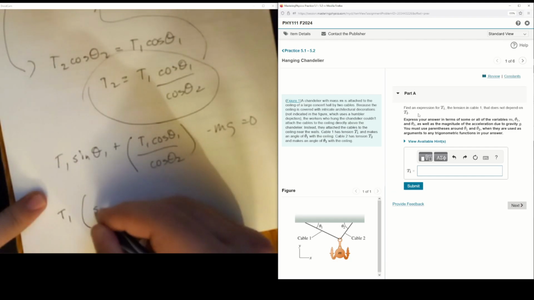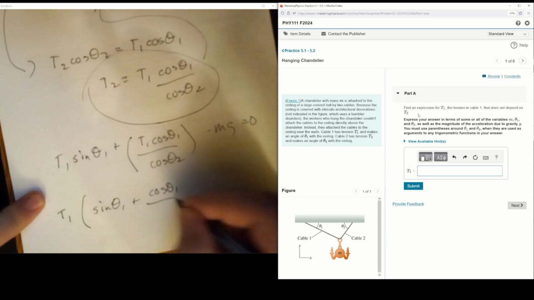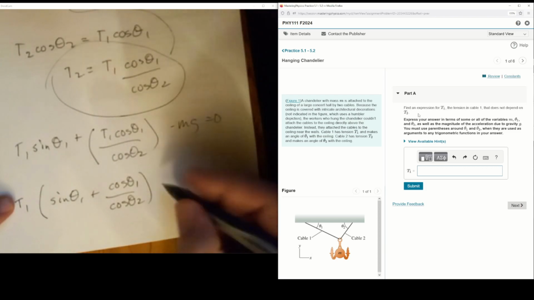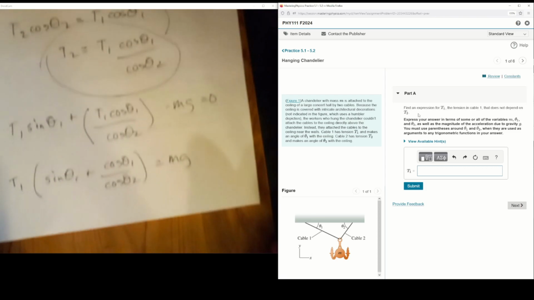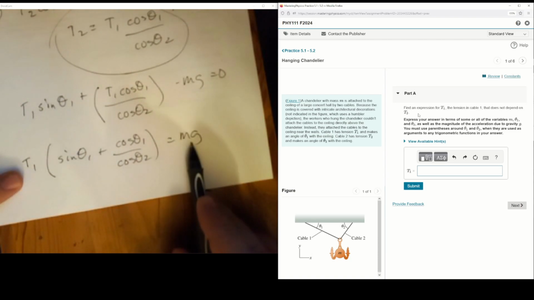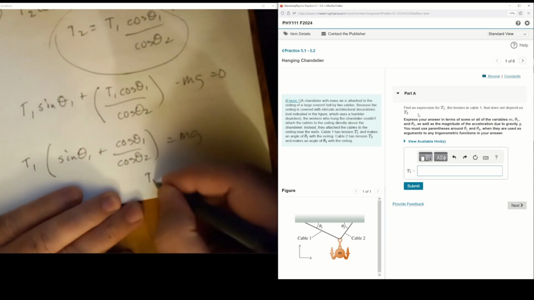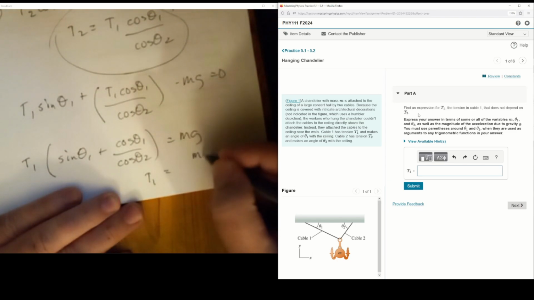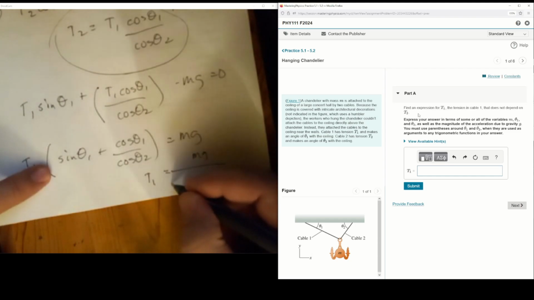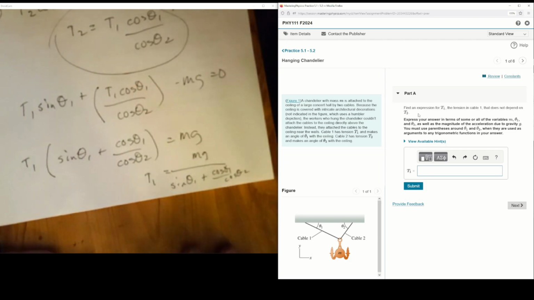We'll factor out the T1 here. And I'm just going to move this minus mg to the right side to make it positive. And there is our answer. T1 is mg divided by this parentheses. I didn't leave myself a lot of space here, but T1 is mg divided by this parentheses. And that's our answer.